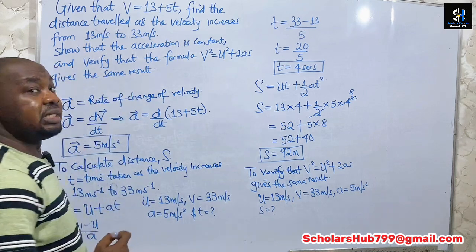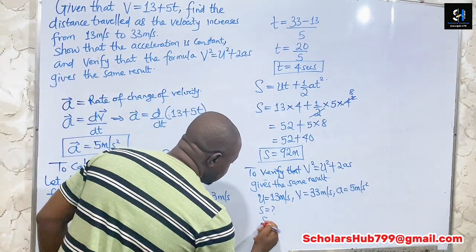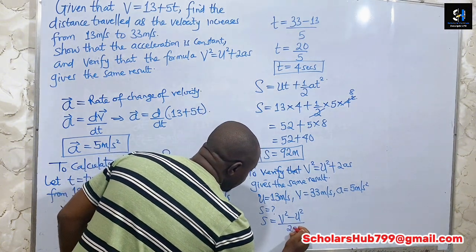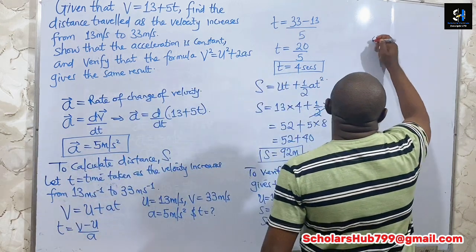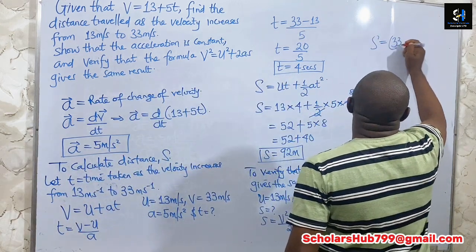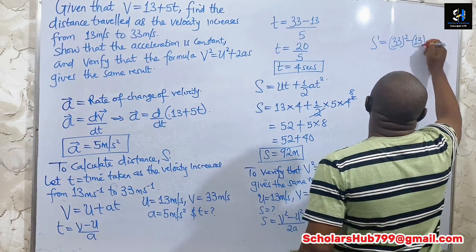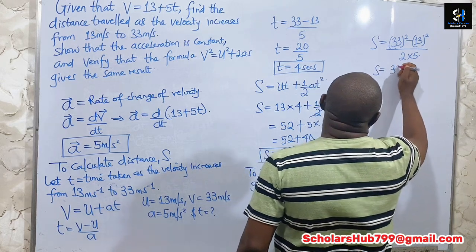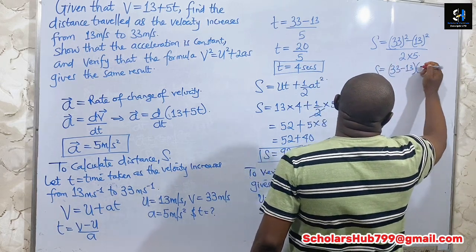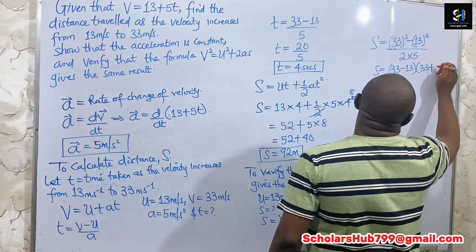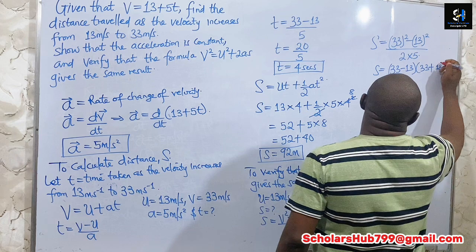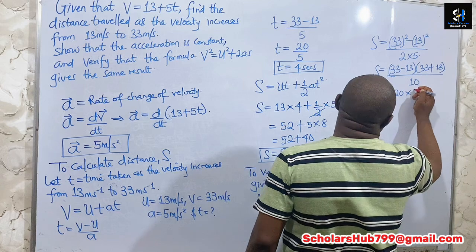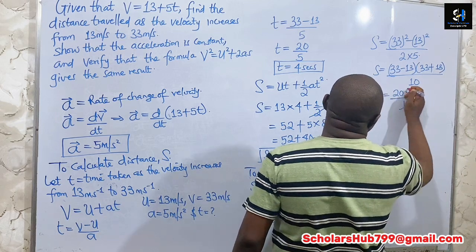So what is the distance? From v squared equals u squared plus 2as, s equals v squared minus u squared over 2a. So s equals 33 squared minus 13 squared divided by 2 multiplied by 5. This is 33 minus 13 multiplied by 33 plus 13, all over 10, so 20 multiplied by 46 divided by 10.